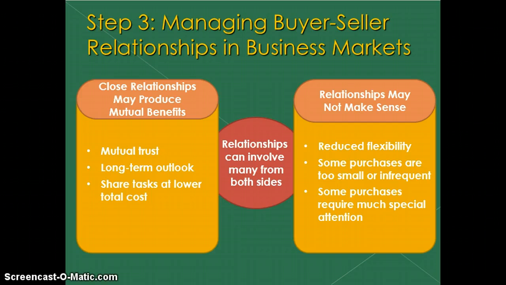Now, close relationships between the buyers and sellers may produce mutual benefits. The longer you've been working with them, the more trust you have, the more reliability you have, that you'll probably be working together for the long haul for many years down the road. You just get benefits from that.